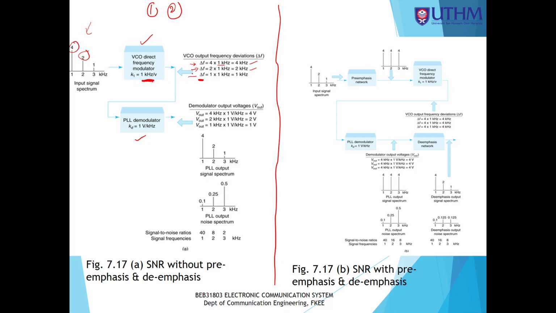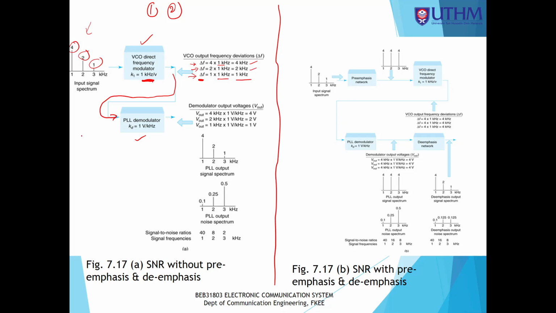For the third frequency, the amplitude is 1 volt multiplied with K1, so we get 1 kilohertz. This is transferred to the receiver, and goes to the phase locked loop demodulator.